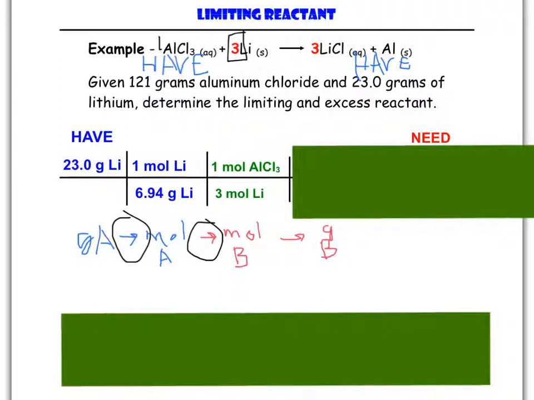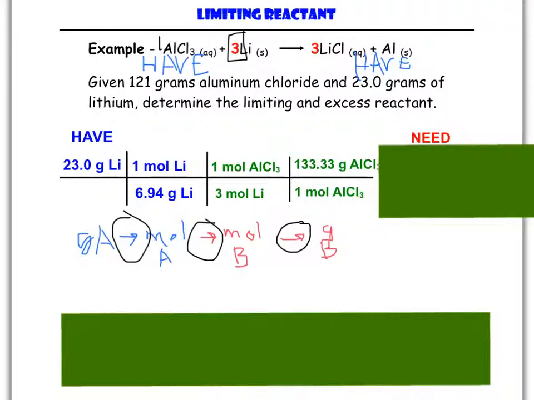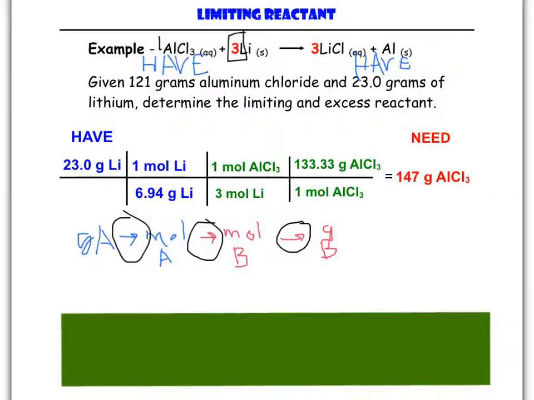And now we do our third step, which is just looking at the periodic table again, looking at the molar mass of aluminum chloride. So that's 1 aluminum plus 3 chlorine, and that gives us a mass equal to 133 grams of aluminum chloride per 1 mole. And if we do this, we find out that in order to use up all of the lithium that we have, we would need 147 grams of aluminum chloride.